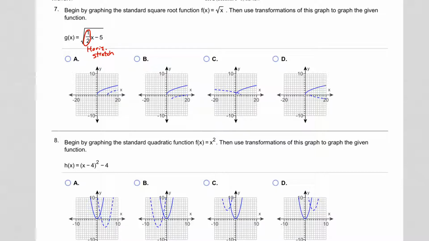Okay, and so horizontal stretch, and this right here is a horizontal shift to the right. Okay, so if you look, this one goes to the right 5, and there's a horizontal stretch of 1/2.